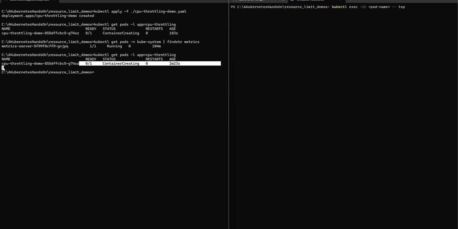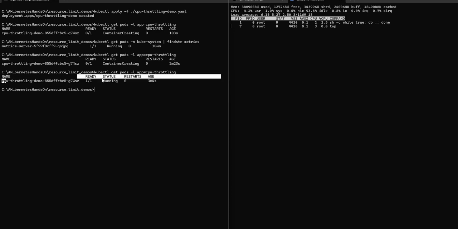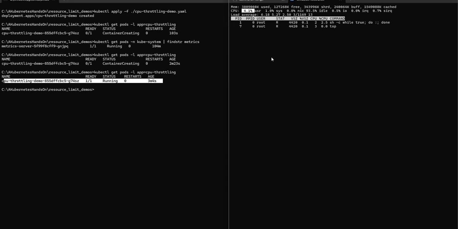Let's take my pod name. Hopefully it should be ready by now. Okay, so what we can see, the pod is in running state now, and it is using a CPU of 4%, right?